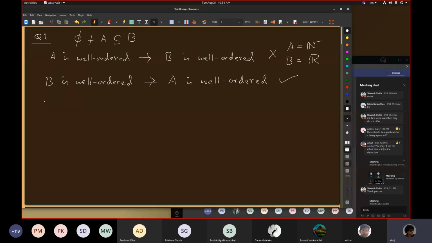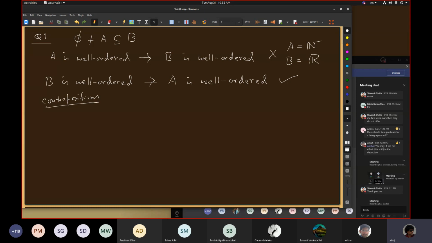A should be the natural numbers for the false case. I got confused with integers. Sorry, sir. Integers are called Z; this is natural numbers.